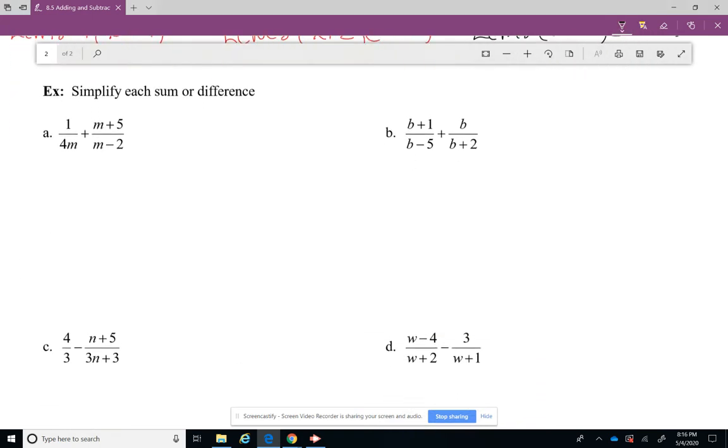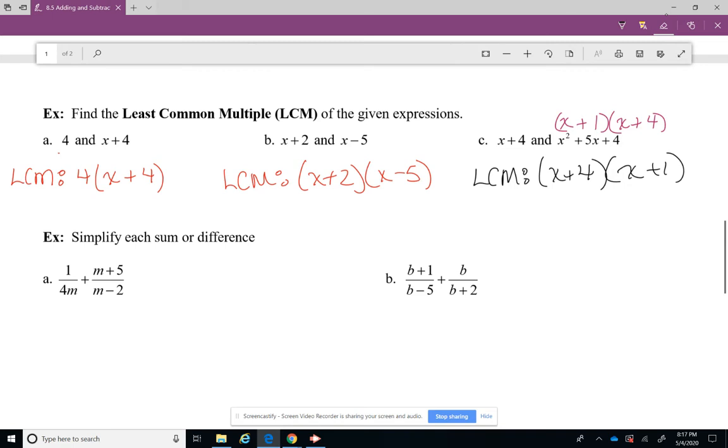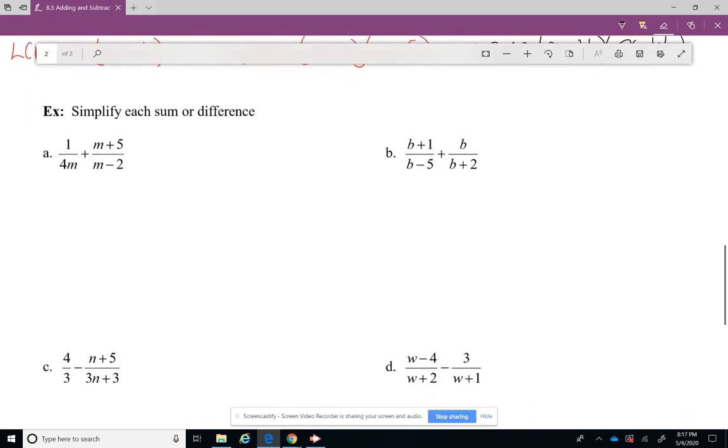So if you look at this next one, it was a monomial and a binomial. So we're going to do what we did to the one right above it, where we had the 4 and the x plus 4. But first, I don't like how it's set. I don't like doing mine horizontally. So we're going to do them vertically. So 1 over 4m plus m plus 5 over m minus 2, and put parentheses around the m minus 2.